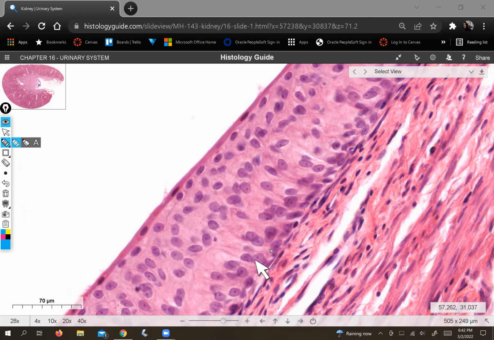So you don't see that here. The nuclei are more or less nice and round. They might be a little oval in some places, but they're not adopting a flattened appearance as they reach the surface. So even right up to the very top, you still see a pretty round nucleus here and here. It's only the very top ones in this case that are stretched and therefore accidentally look squamous.